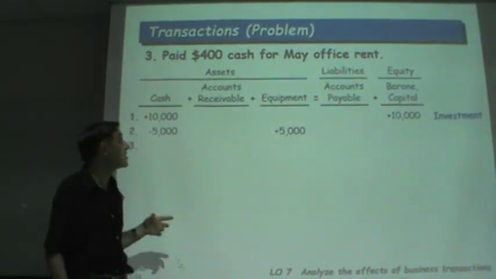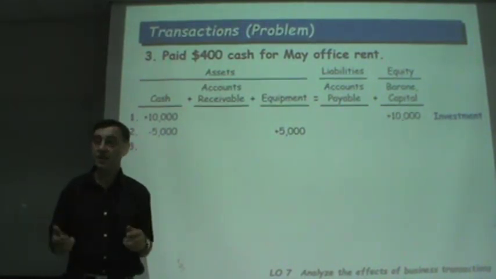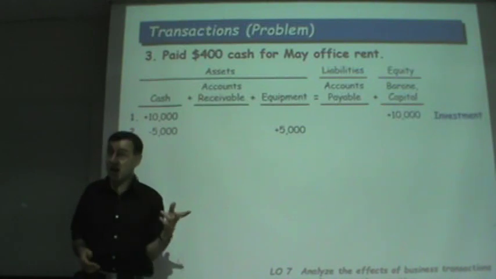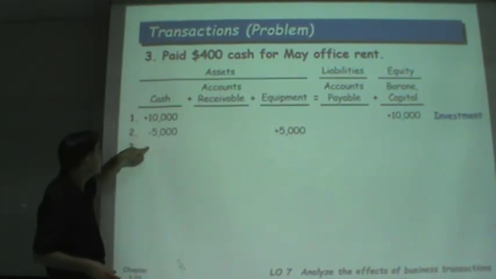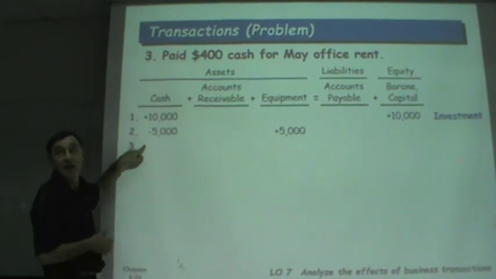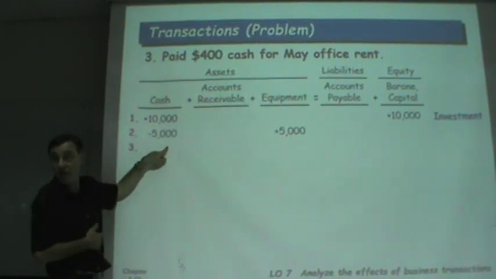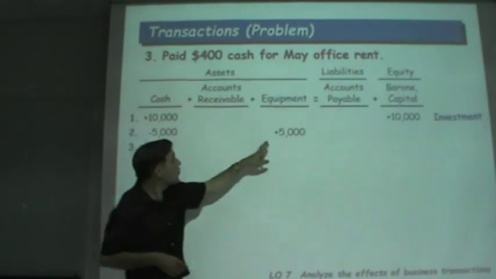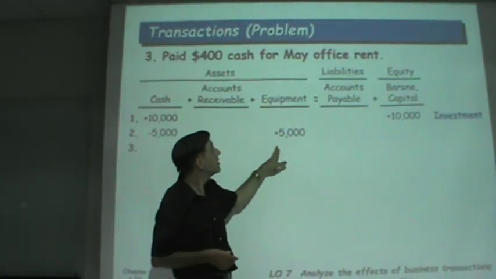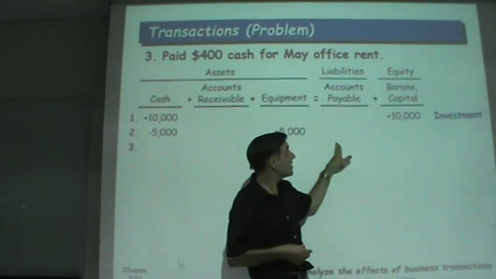Pay 400 cash for rent. Pay 400 cash for rent. So, if you pay, means pay 400 cash, means cash goes down. So this will be minus 400. Asset, nothing here. Equipment, nothing here. Liability, nothing here.